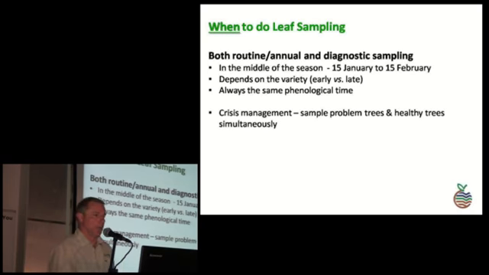Okay, when do you sample? Okay, this is interesting. I think in the horticulture or in the deciduous fruit industry, we've established that there's that magical period, late January, that we sample, and it's a time of the year that works well.